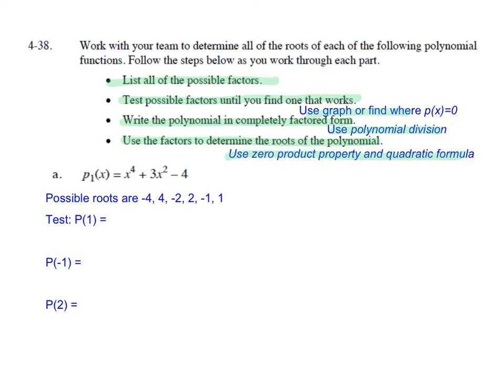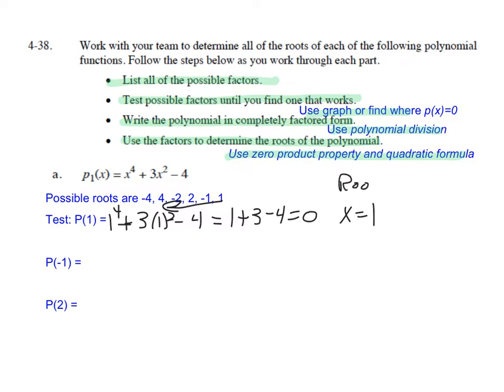So if I was to test this without graphing, I'm going to start with some of the smaller ones and work my way up. So if I plug 1 in here, I've got 1 to the 4th power plus 3 times 1 squared minus 4, which is 1 plus 3 minus 4, which is 0. Therefore, x equaling 1 is one of my roots, and x minus 1 is a factor.